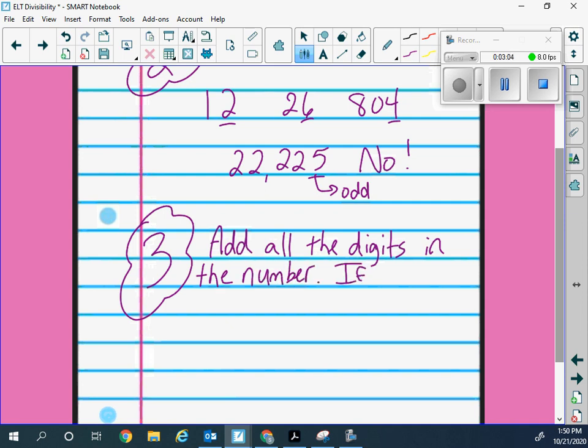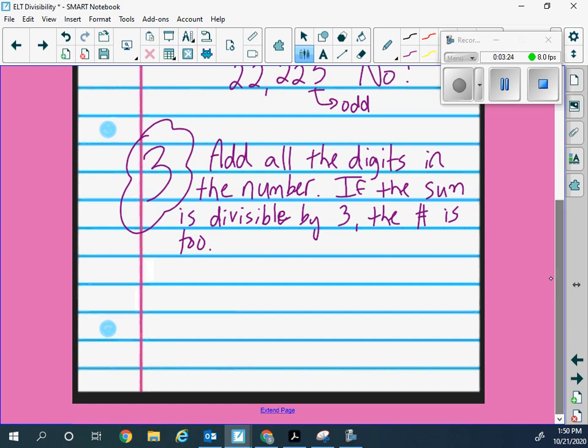If the sum is divisible by 3, then the number is divisible by 3. Really, the best way to do this one is to show you an example.